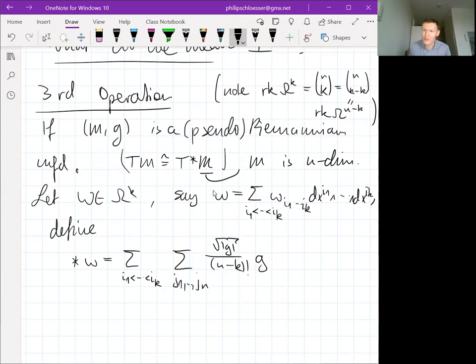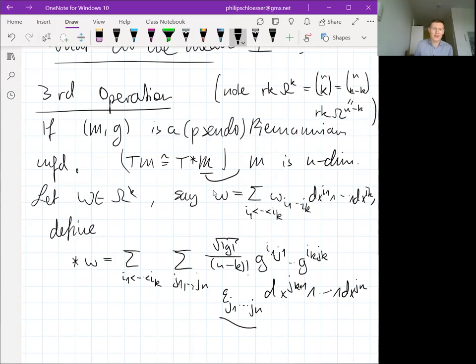Now we are pairing off the first k many j's, so we have i1, j1 until ik, jk. Then we take epsilon_{j1...jn}, and then we have the remaining j factors, dx^{j(k+1)} wedge until dx^{jn}.